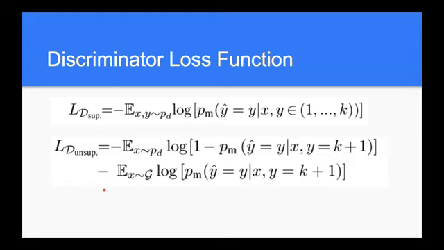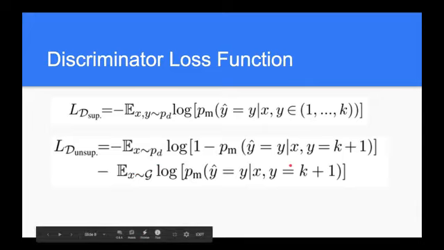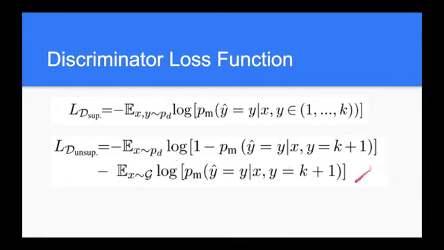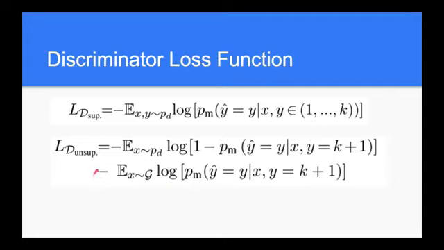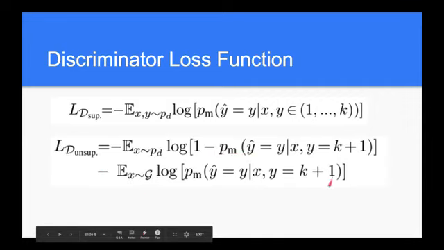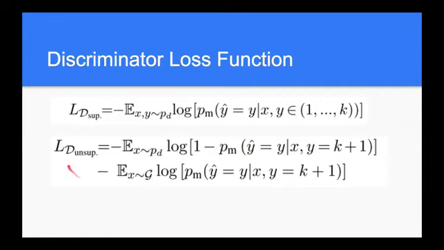And the second term is easier to understand. If this is a fake example, you want to correctly classify it as a fake example. So you want to maximize the log probability of this fake example being in the fake class. Because it's a loss function, there's a minus sign here. So you want to maximize this log probability, which means minimizing the loss function because you multiply by -1.